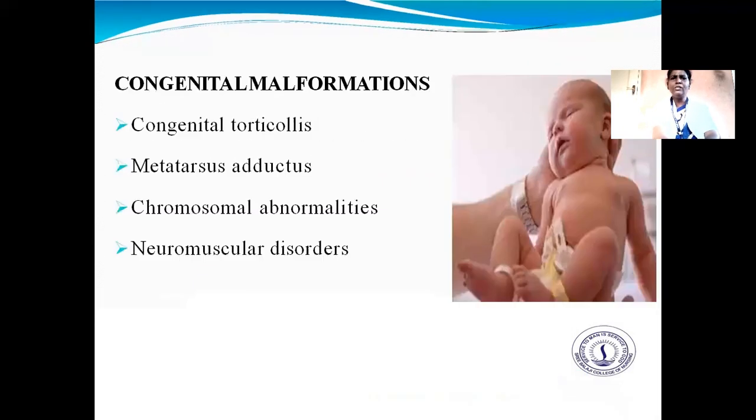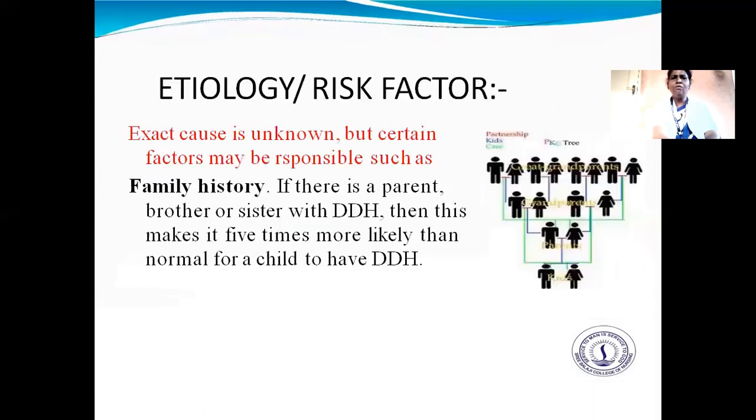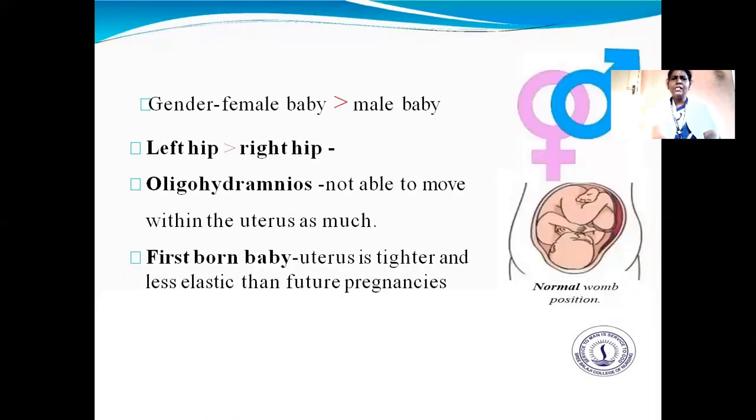So till now we have seen the risk factors of developmental dysplasia of hip. One is the family history, then second is gender. Female babies are more prone than male babies. Then the left hip will be affected more than the right hip. Then oligohydramnios, reduced amniotic fluid, in which the baby is not able to move within the uterus as much.